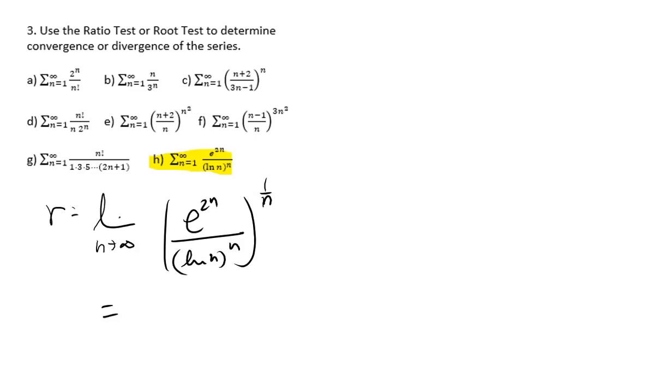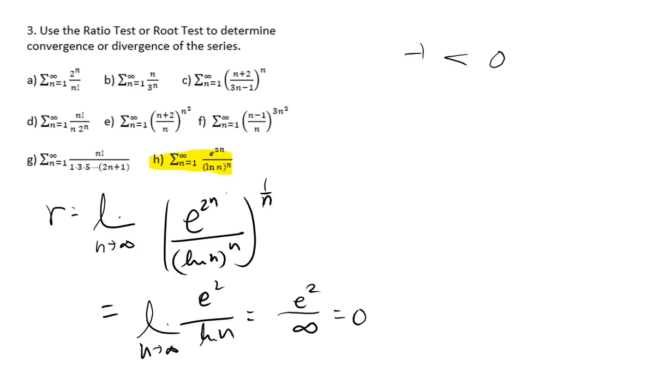And since 1 over n gets distributed to both top and bottom, you end up with e squared over log of n. 1 over n times n is just log of n. And when n is sent to infinity, log of infinity is infinity. And e squared is just a constant number. So you have a constant divided by infinity, which is 0. And since 0 is between negative 1 and 1, this converges by root test.